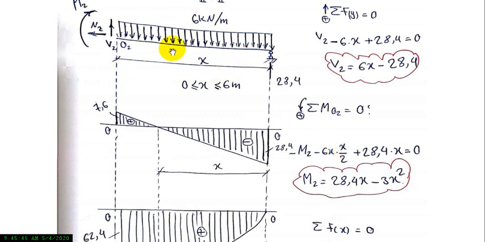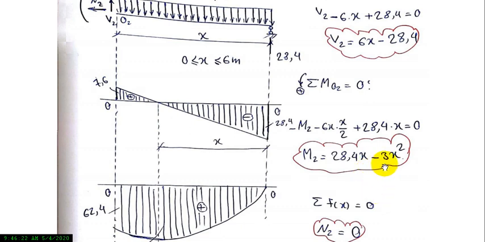Half of this length is the arm of this load. Plus, it is counterclockwise, plus 28.4 multiplied by x equal to 0. We carry the moment to the other side of the equation, and after contraction M2 is equal to 28.4x minus 3x squared.